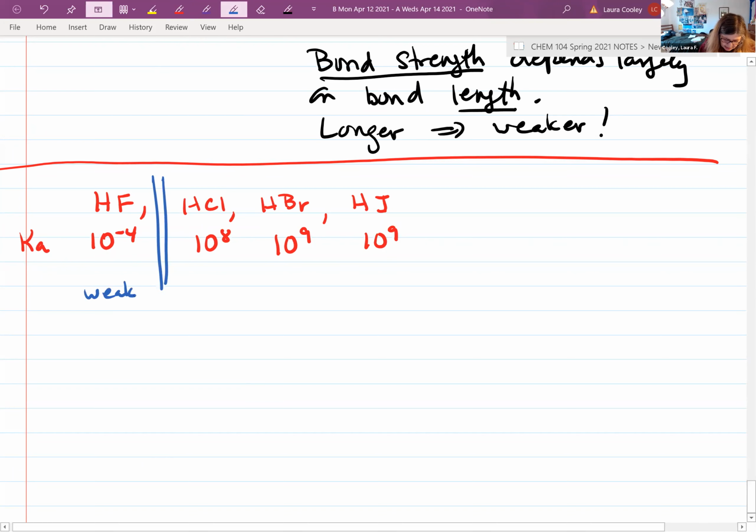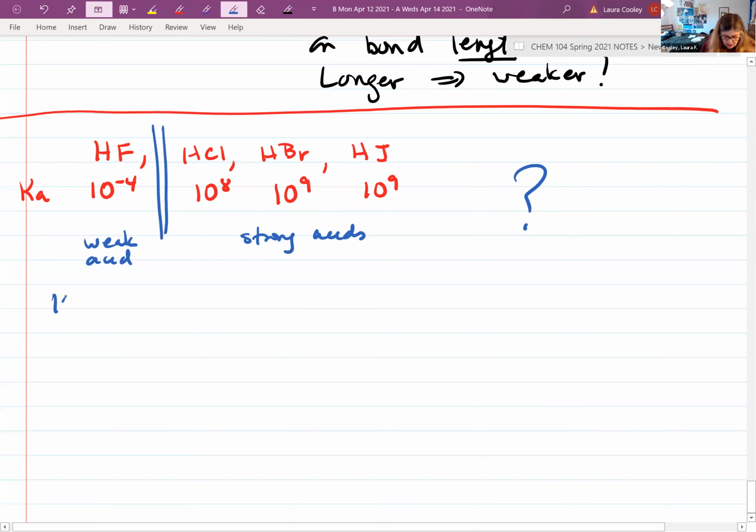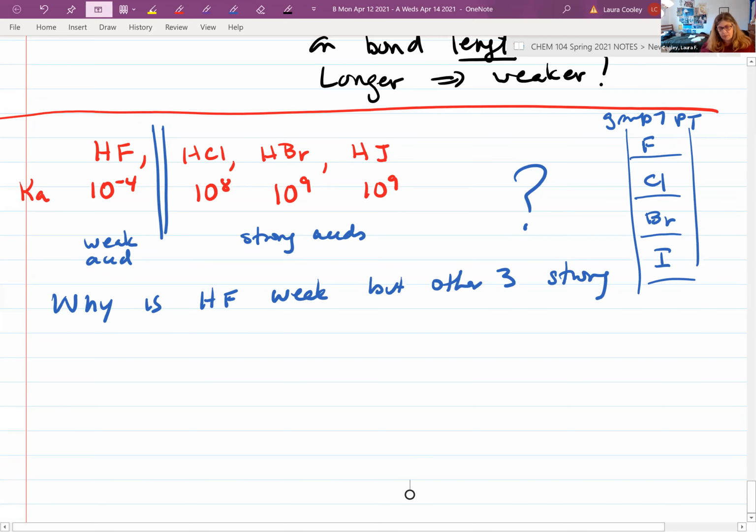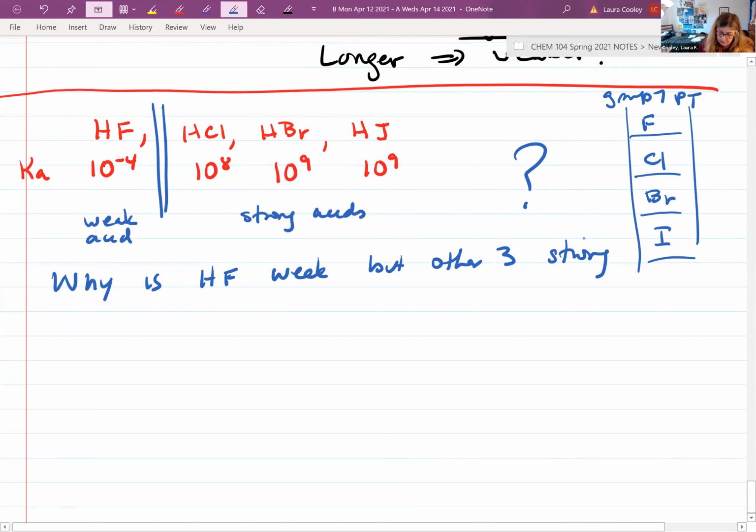This is a weak acid, and these are strong acids. So the question is, why is HF weak, but the other three are strong? And these are the halogens, fluorine, chlorine, bromine, iodine in group 7 of the periodic table going down. So that's the 4 atoms that we're talking about bonded to hydrogen. So why is HF weak and the other 3 are strong?